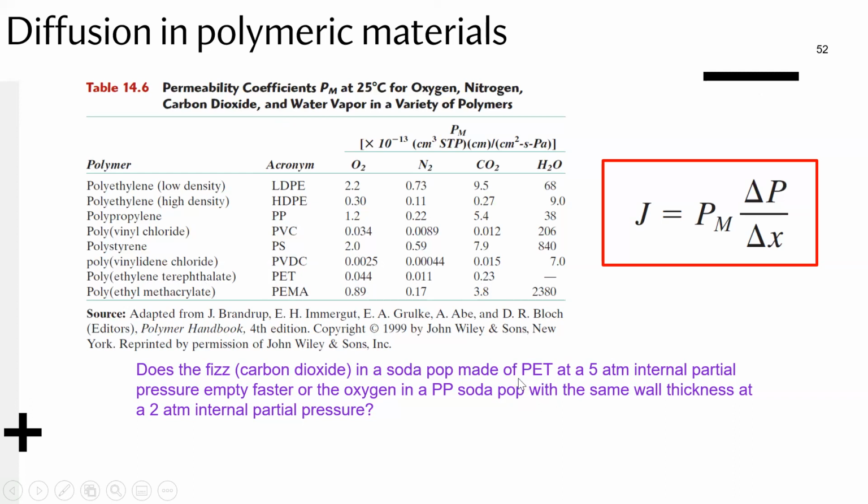Now, what it's asking is if it has an internal pressure, and note that it's a partial pressure, meaning that they've already calculated what the fraction of the pressure is that is associated to this molecule. If you're not familiar with that, you should go back to your physics and chemistry courses.